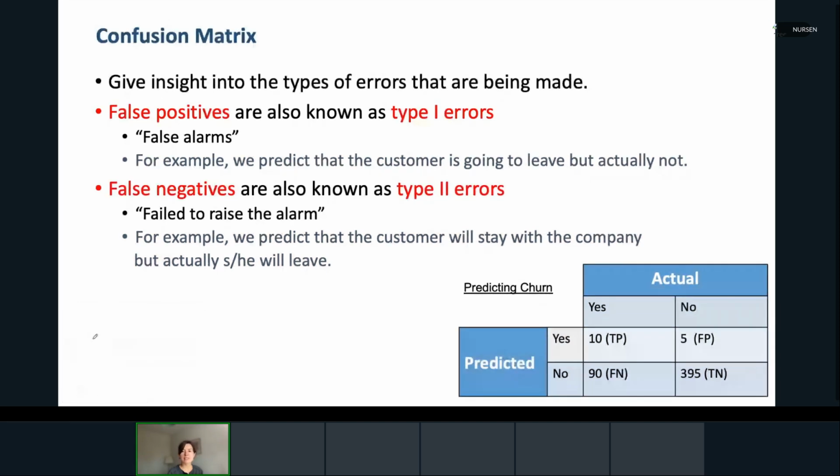I'm going to discuss the concepts over an example today. We will mainly focus on churn prediction. Let's say we have a company whose customers are leaving, so churning, and we would like to predict those customers who are going to leave so that the company can try to keep them as a business strategy. In our target variable, we have churns and not churns.